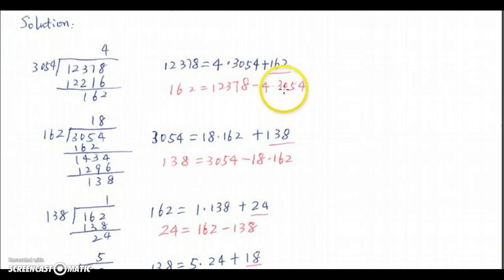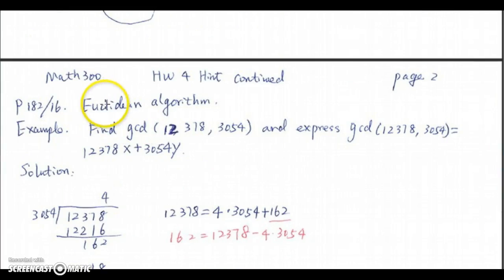Finally, we will get to the original two numbers, 12,378 and 3054. So that's how the homework assignment gives us an idea what the Euclidean algorithm is.